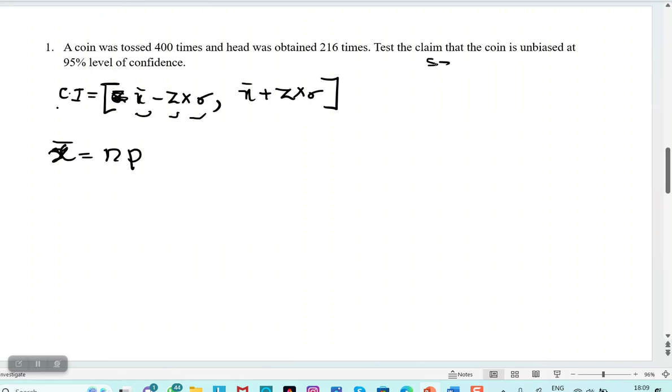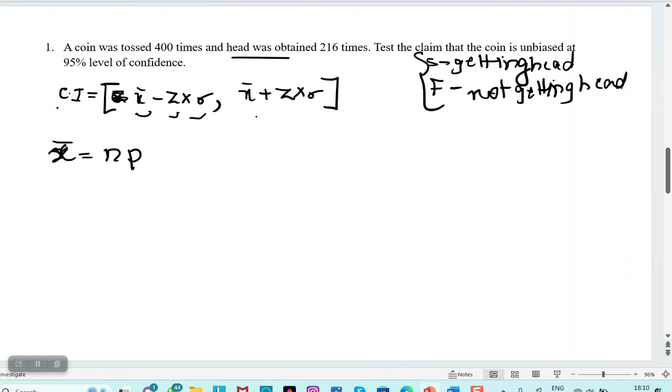Whenever we are tossing a coin in this problem, we are interested in the outcome of getting a head. Therefore, our success is getting head. Our failure is of course not getting head. This has to be defined.